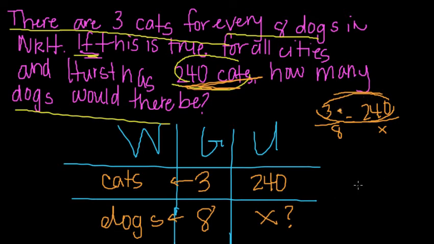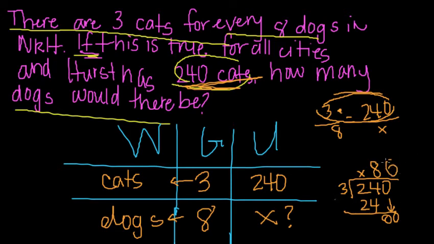So let's go down here and do 240 divided by 3. Well, 3 doesn't go into 2. 3 goes into 24 8 times, and that's even. And then 3 doesn't go into 0, so it's just 80. And then 0 times 3 is 0, okay?